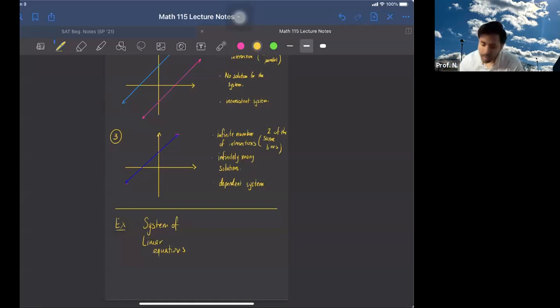So usually we write it this way: 2x minus y equals 3, one equation, one standard form of a line, and 3x plus y equals 2, second equation, second standard form of a line. So this is my system, guys.